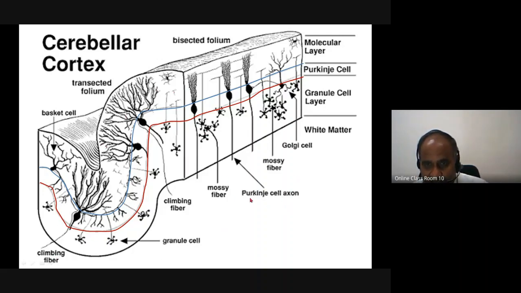The inputs from the other things, that is the mossy inputs, will come here. They will make a projection to the granular cells. Okay, so that is the cerebellar cortex organization. I have made this blue line separating these three layers. This is the molecular layer. This is the Purkinje cell layer. This is the granular cell layer.